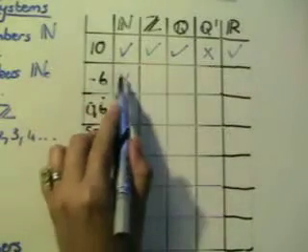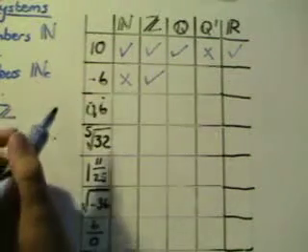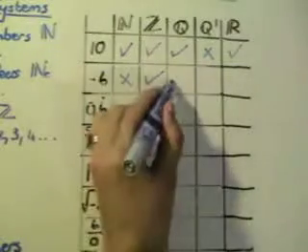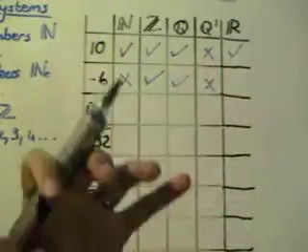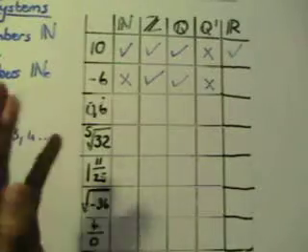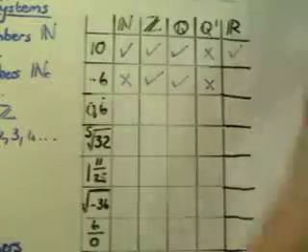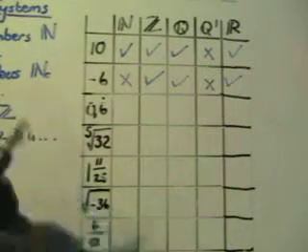And then -6 is indeed an integer, and -6 stops, so it's rational, it's not irrational, because it doesn't continue. Continue means -6.1324567, it continues. And then if I put -6 in my calculator and press equal, what will happen? It will say -6. So I will get an answer, and that is then real.